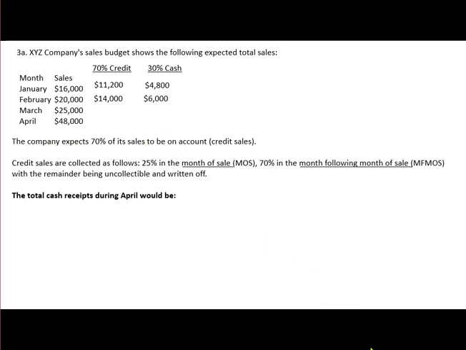For March, 70% or $17,500 worth of credit sales, and $7,500 worth of cash sales. And then for April, $33,600 worth of credit sales and $14,400 worth of cash sales.